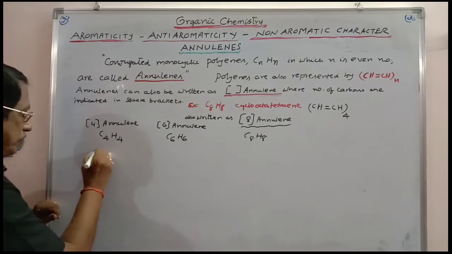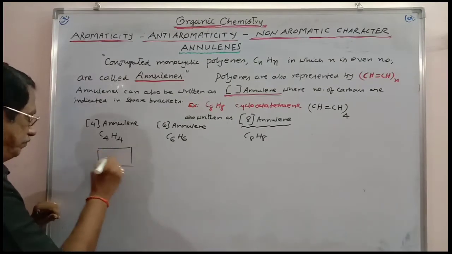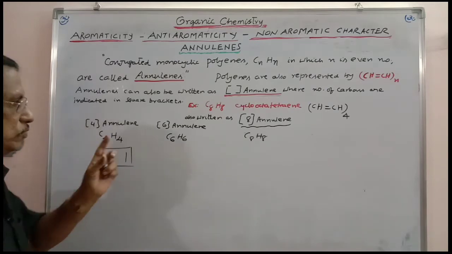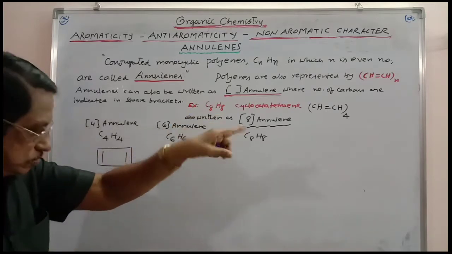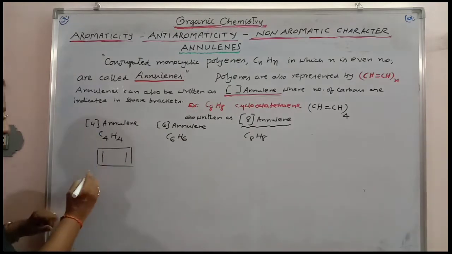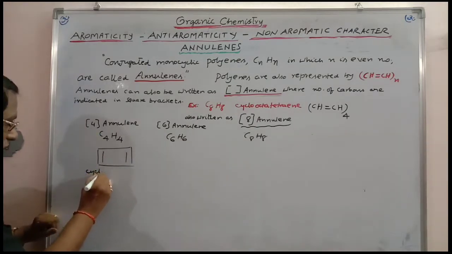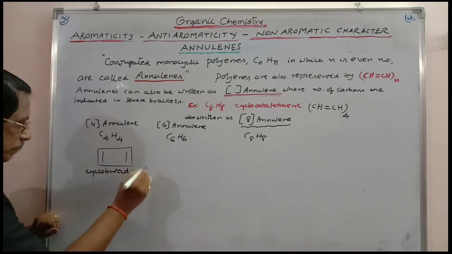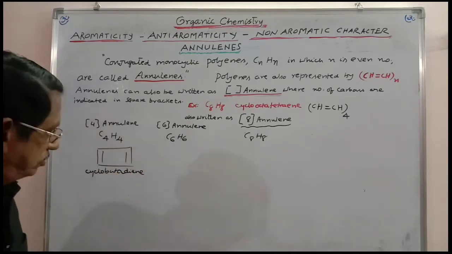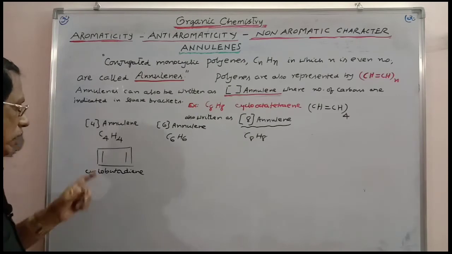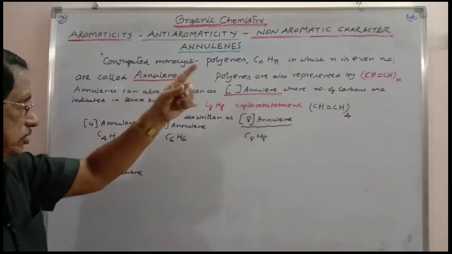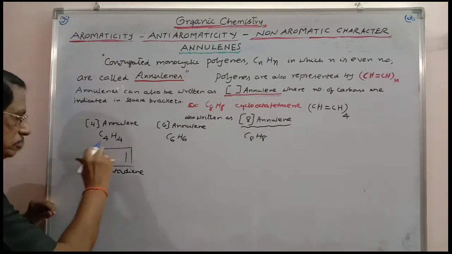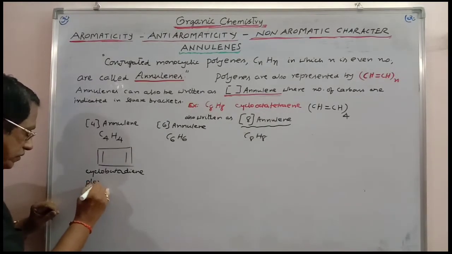Now let us consider the first annulene, C4H4. We can write it like this: CH 4 times, CH double bond CH twice. This is what you call cyclobutadiene. Already we discussed this structure. All are sp2 carbons, in this case polyenes. As a result, this is planar, very good.